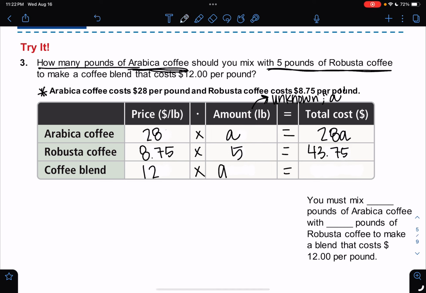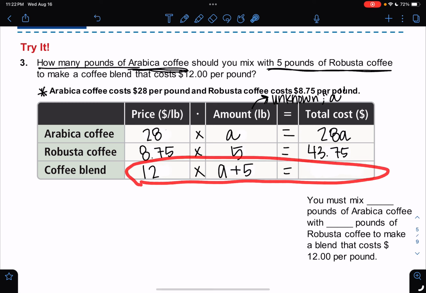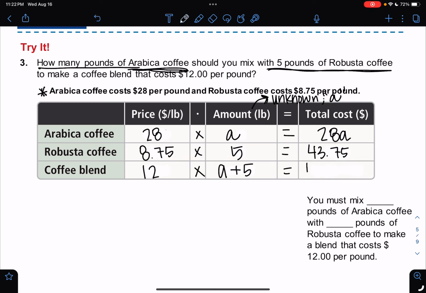We should have A plus 5 in our amounts for the coffee blend. When we multiply them together to get our total cost, we have 12 times (A plus 5).